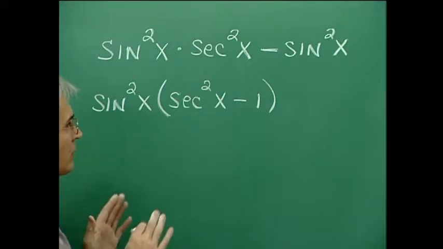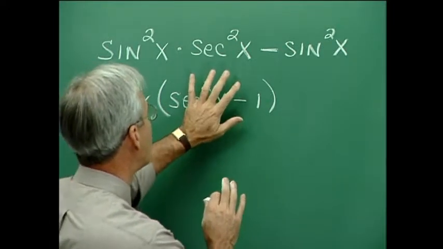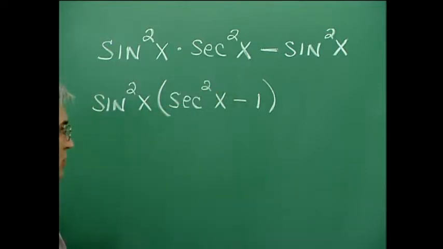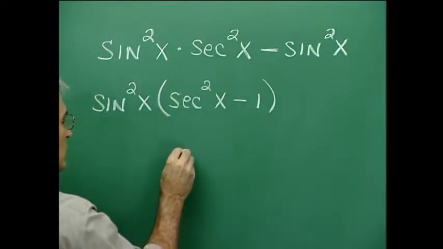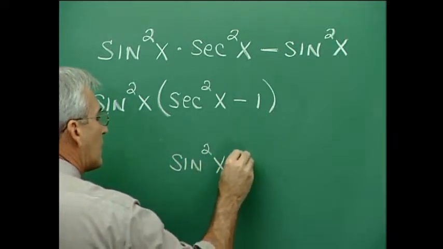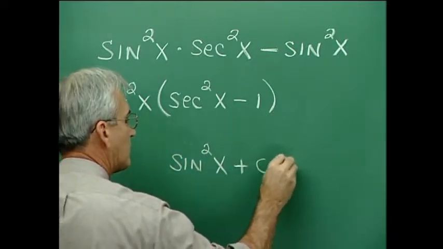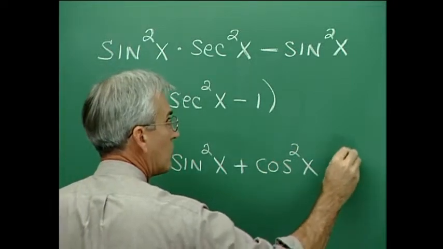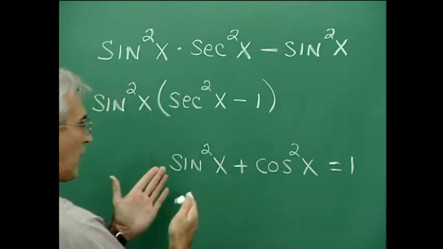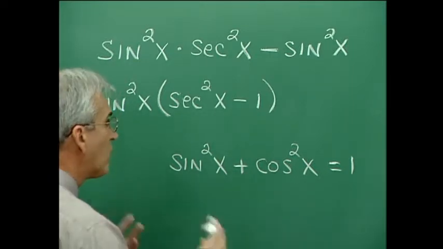Well, in order to decide whether this is replaceable using a Pythagorean identity, what you might do, again, is just go to sine squared x plus cosine squared x equals 1, and divide through by sine squared or cosine squared and see what emerges.